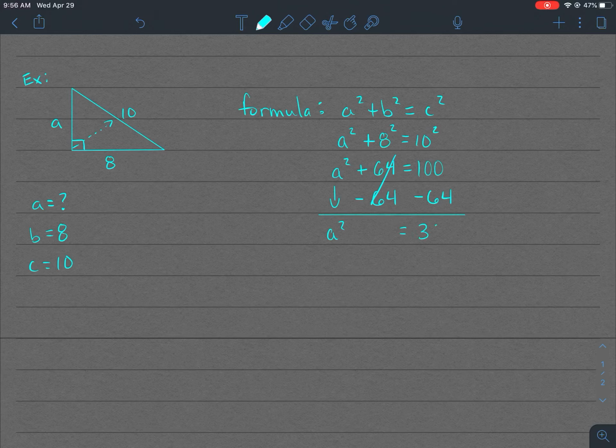Well, 100 minus 64 is 36. Now what's my last step? I have to take the square root of both sides. So I cancel out the square. All I'm left with is an A, and it equals, well, what's the square root of 36? The square root of 36 is 6. And you're all done.